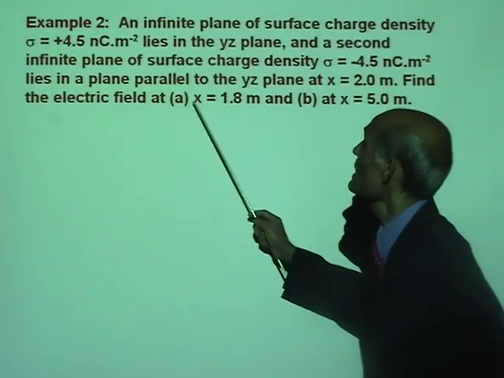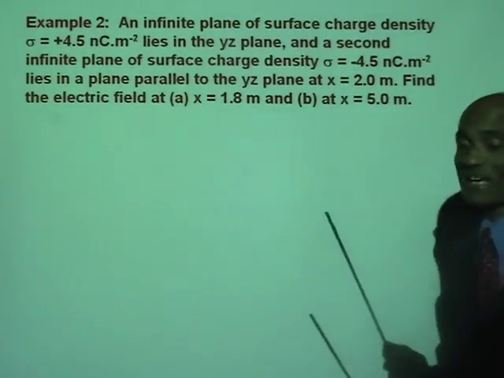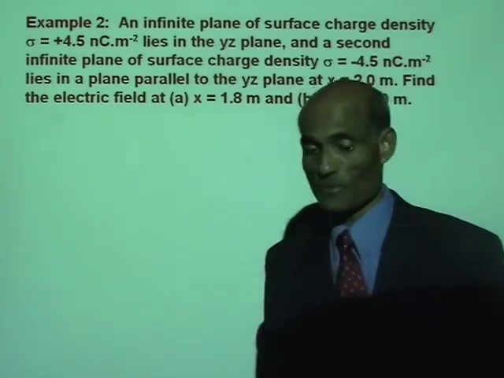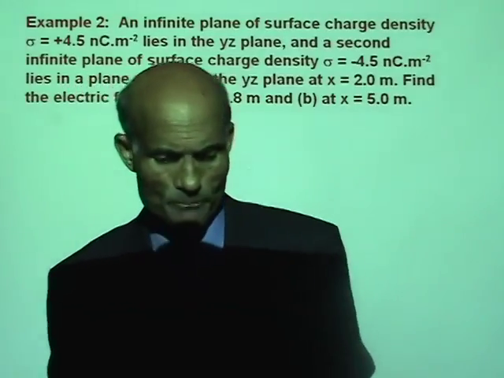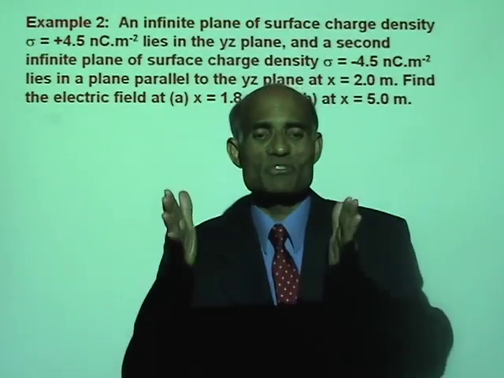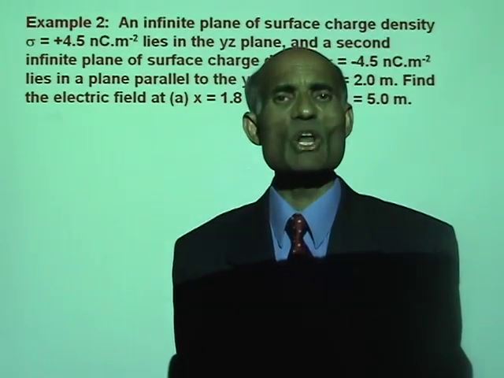Find the electric field at x equal to 1.8 meter and at x equal to 5 meter. Well, this time we have two plane surfaces in the YZ plane. Can you visualize how they look?